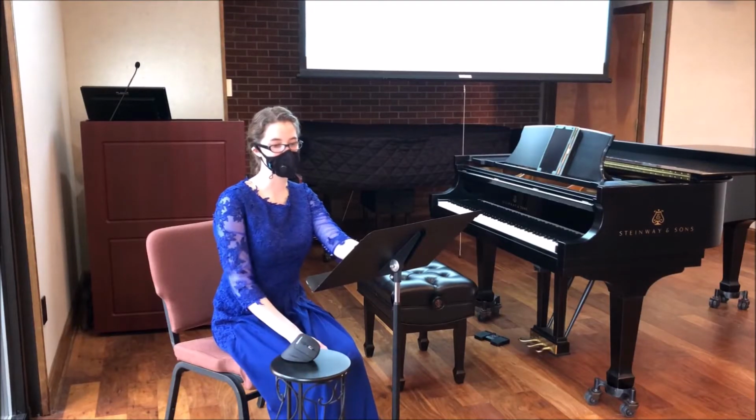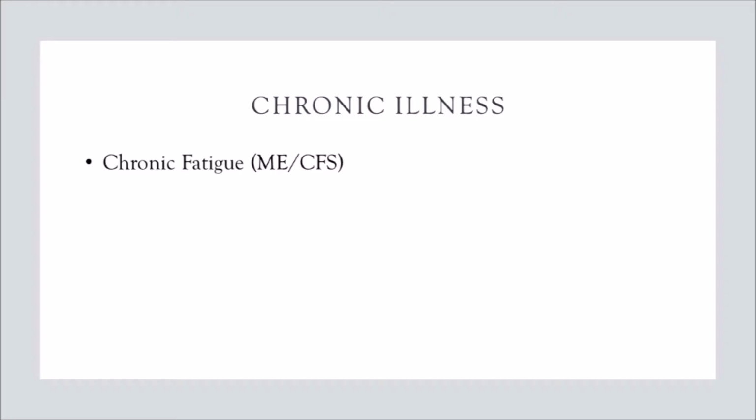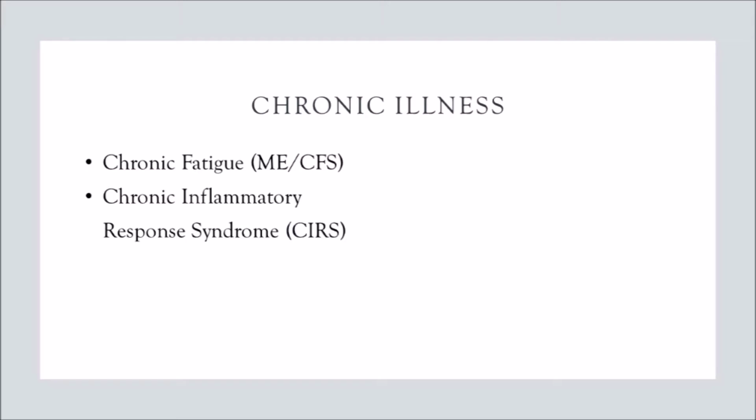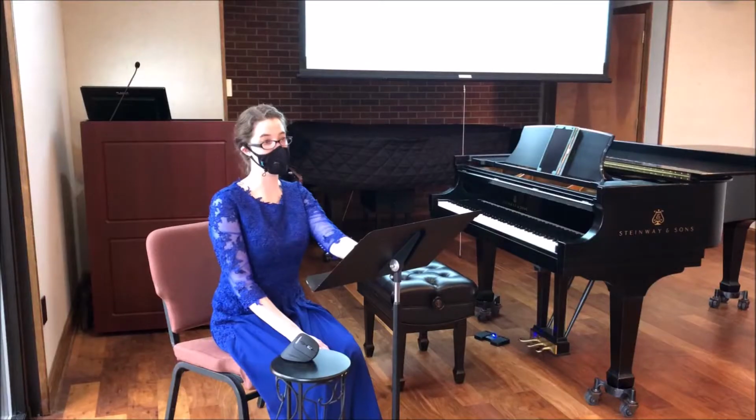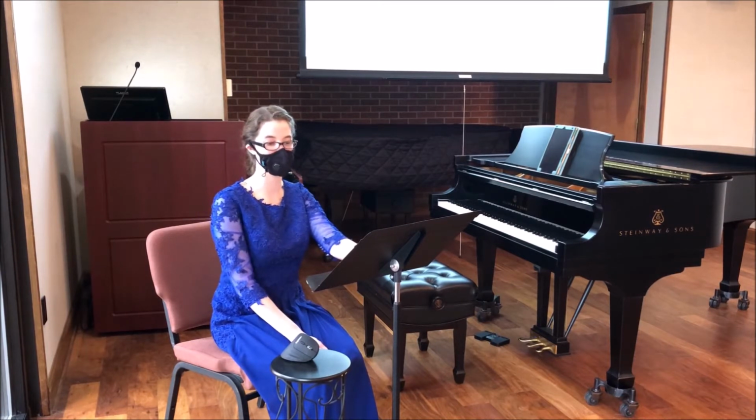My personal diagnosis is a mix of genetic mutations and autoimmune conditions. I have chronic fatigue, or ME/CFS, which manifests itself as a relentless exhaustion that doesn't go away with sleep or rest. It is potentially caused by the following conditions: chronic inflammatory response syndrome, or CIRS, which is a biotoxin illness that means I have a genetic predisposition to toxin hypersensitivity. Mold, chemicals, and other toxins can in essence make me bedridden.